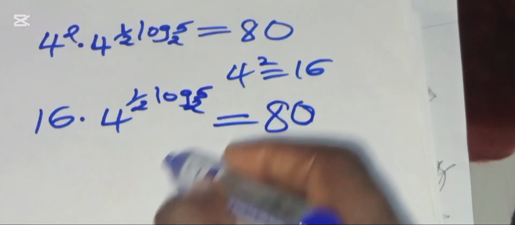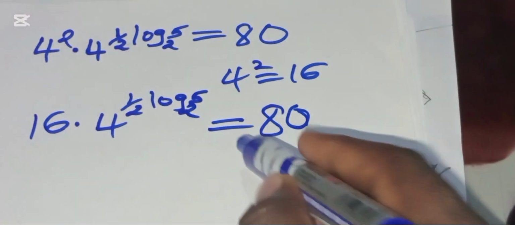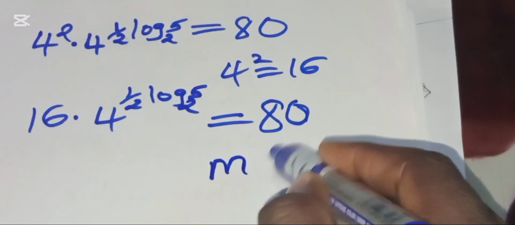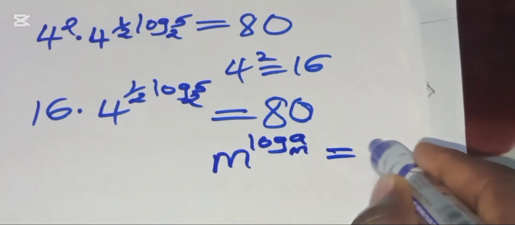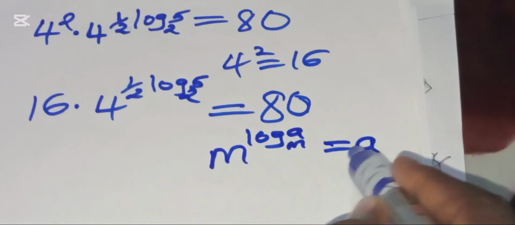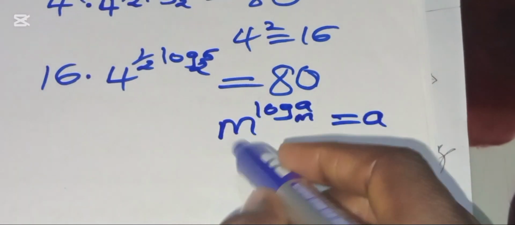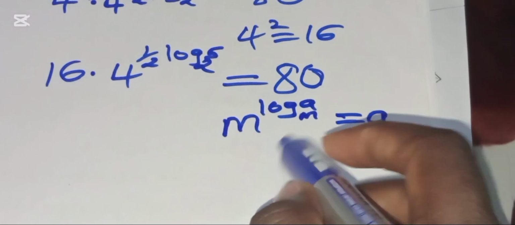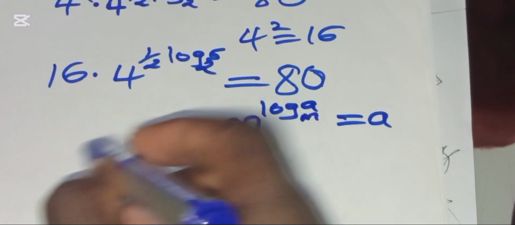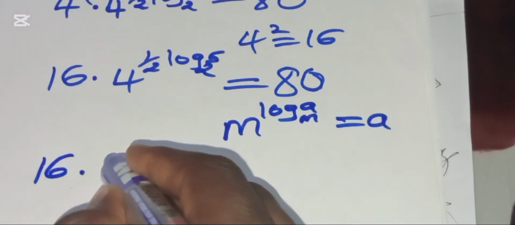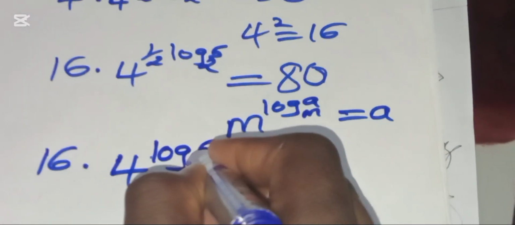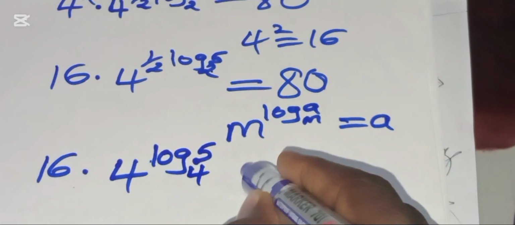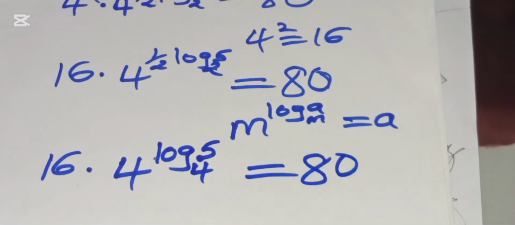Now, from what we have here, 4 raised to power half log 5 to base 2, this is in the form of m raised to power log a to base m, which is basically equal to a, okay? So let's apply this property so that from here, we have 16 multiplied by 4 raised to power log 5 to base, now we have 2 times 2, this is equal to 4, and this is supposed to give us a value of 80, okay?